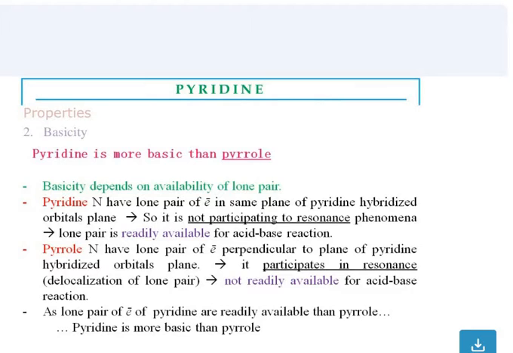In the case of pyrrole, nitrogen has a lone pair of electrons perpendicular to the plane of the hybridized orbital plane. It participates in resonance delocalization, so the lone pair is not readily available for acid-base reaction. As the lone pair of electrons of pyridine is more readily available than that of pyrrole, pyridine is more basic than pyrrole.